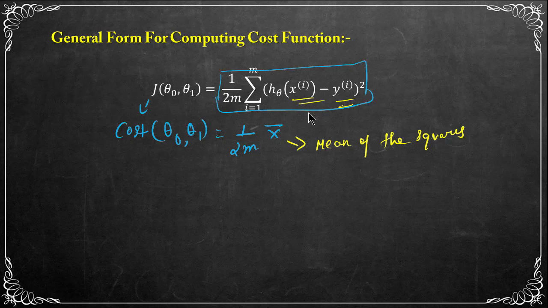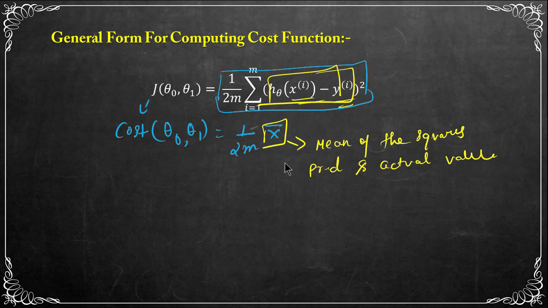It is the difference between the predicted and the actual value. This line contains the whole thing: it is the mean of the squares of h of xi and yi, and it is nothing but the difference between the predicted and the actual value.